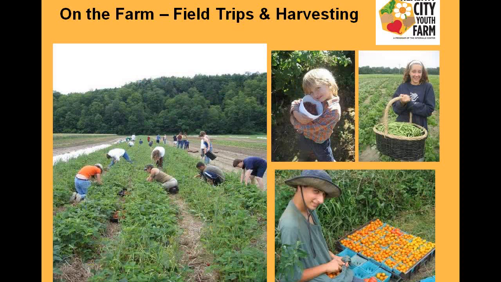We have a painfully short growing season here, so what we try to do is expand on the season as best as we can. What you see in this photo here on the left-hand side is a group of students from what's called the Healthy City Youth Farm. Our association with them started out about 2004.